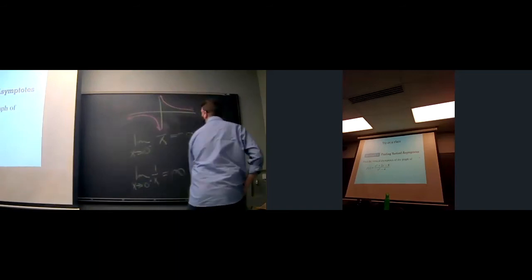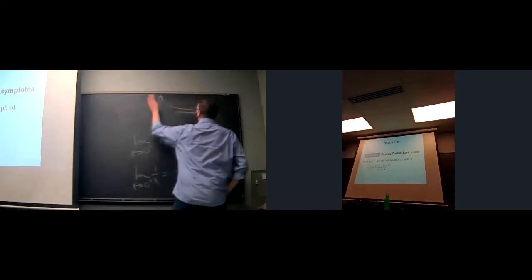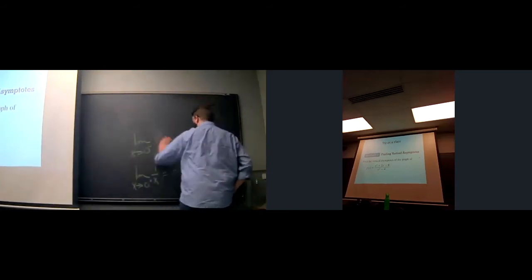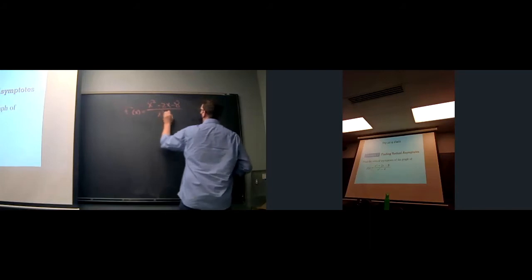We've got this function, f of x is equal to x squared plus 2x minus 8 divided by x squared minus 4.